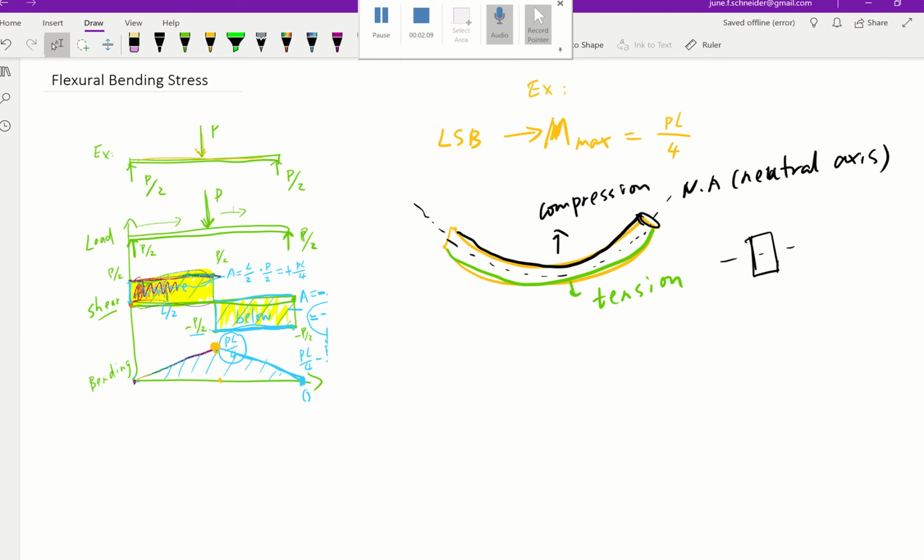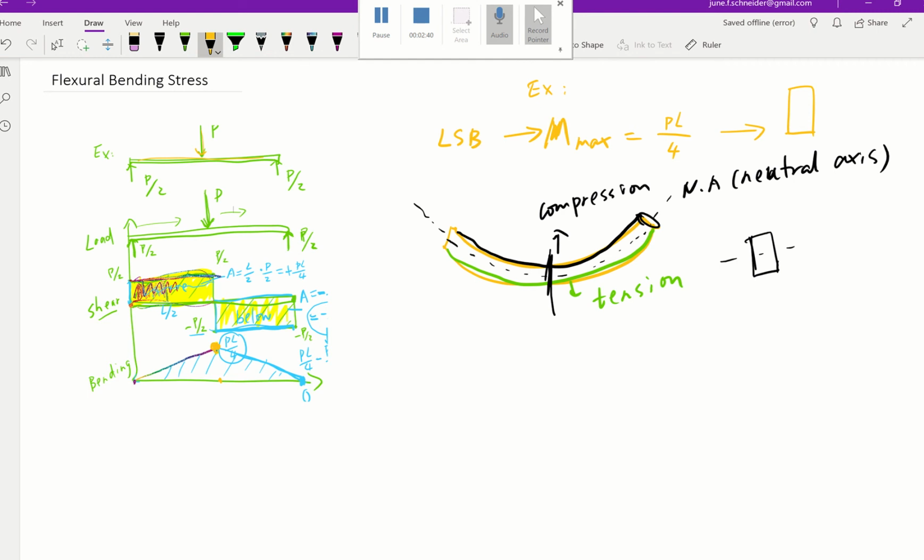Okay, so then we have to think about, once you figure out the maximum of the bending, and it occurs for this problem right here in the middle, right? And then if you were going to cut it at this point, use scissors to cut it, you're going to get a cross section, this rectangle.